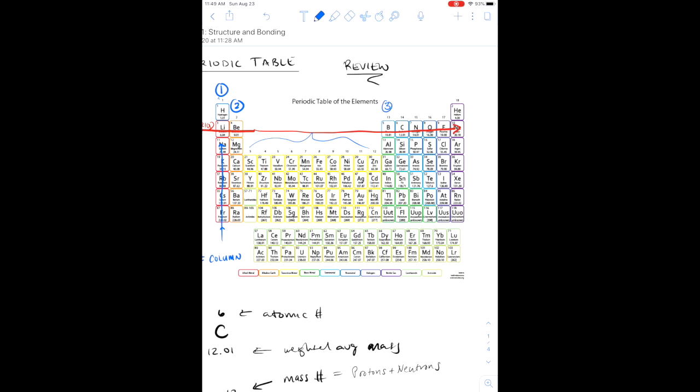And so also remember that the group numbers correspond to the number of valence electrons. And so we have group 1 right above where hydrogen is, and then group 2 where beryllium is. We're going to skip the transition metals and then move on to 3, 4, 5, 6, 7, and 8. So they are oftentimes referred to as like 4A or 14, but we're just going to simplify it to just 4, 5, 6, 7, and 8.